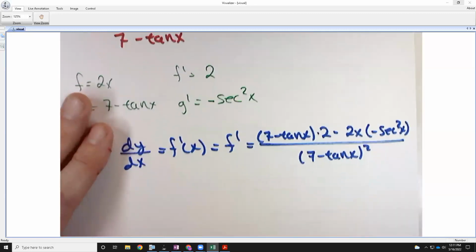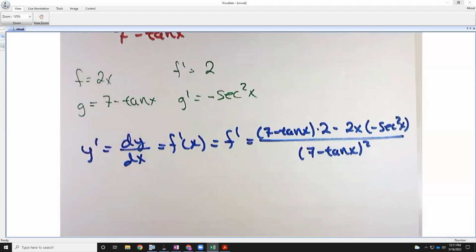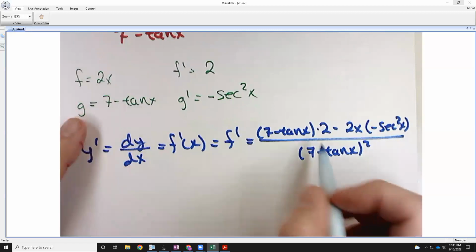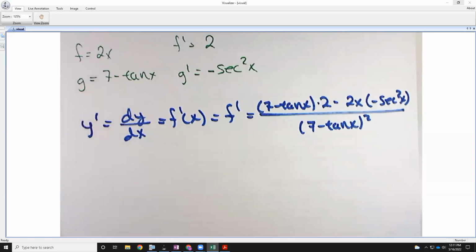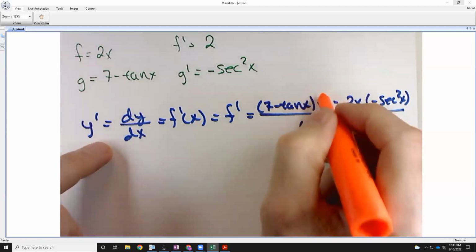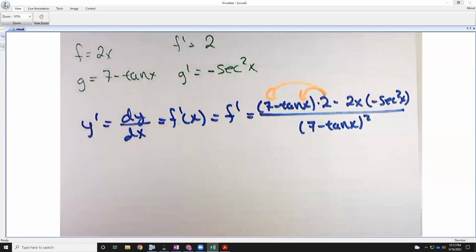Now, I'll tell you up front, I don't think this one's going to simplify much at all. Although I would appreciate it if you would distribute a couple of things, like distributing the 2 to both of those terms up front. So I'll distribute here and here.